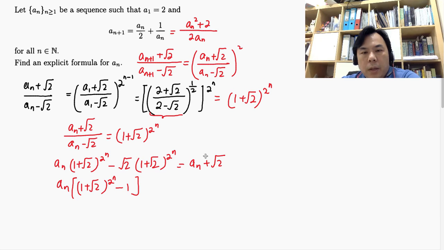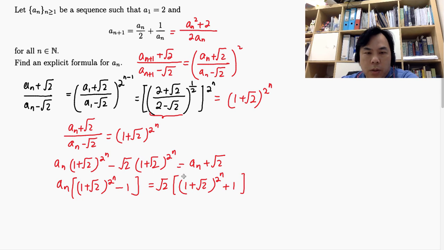Okay, and then the other term I will bring it over the other side, so I can write down, I know that I can factorize this quite easily. N plus a 1 here. All right, you can see that.